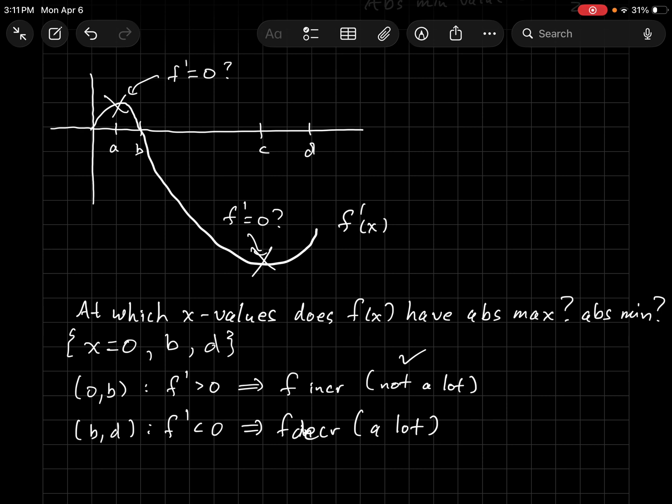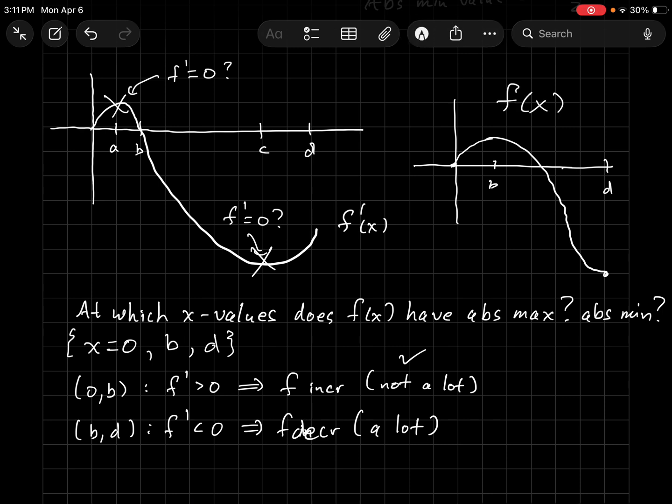So if I were to draw a graph of f, and I don't know a starting point, so I'll just put the starting point at 0. It looks like the graph increases a little bit, say up to b, and now it decreases a whole lot, all the way to d. Is it obvious by the picture?